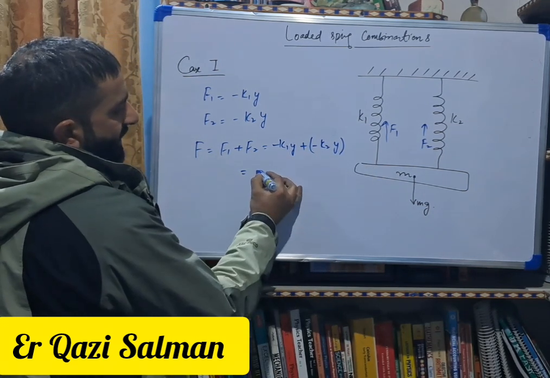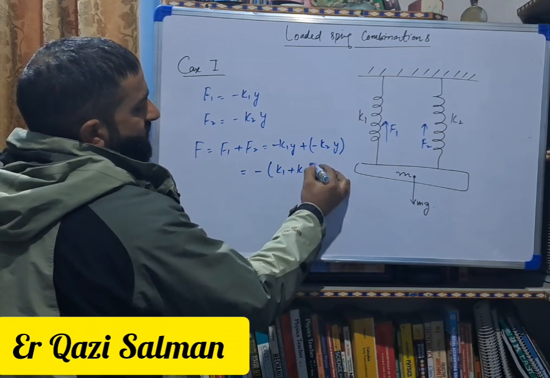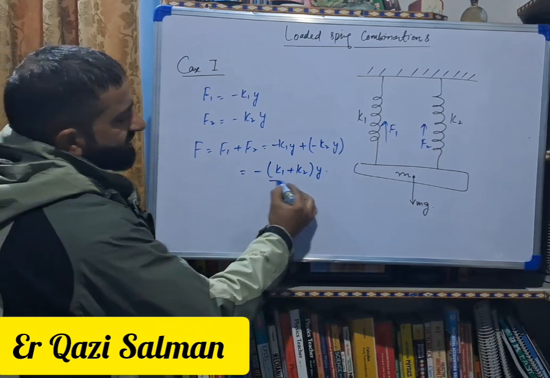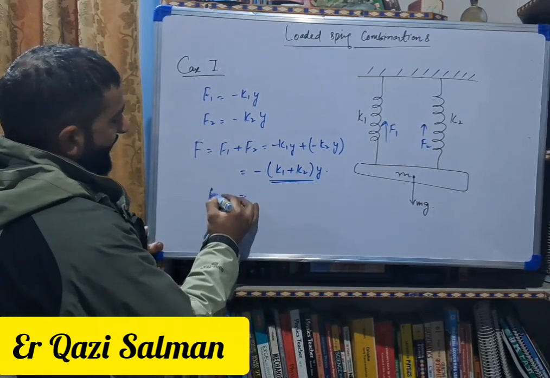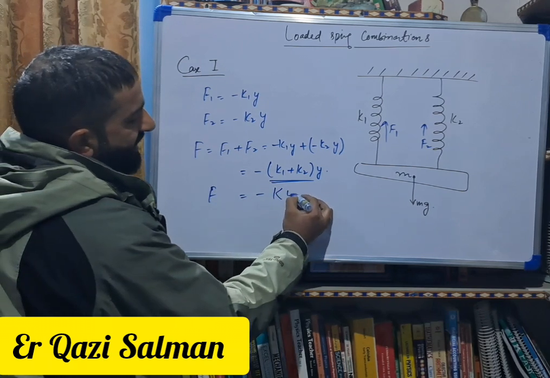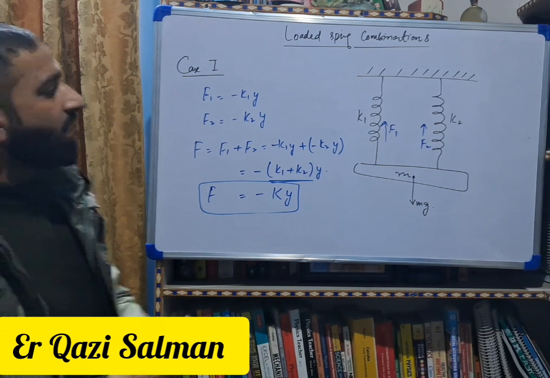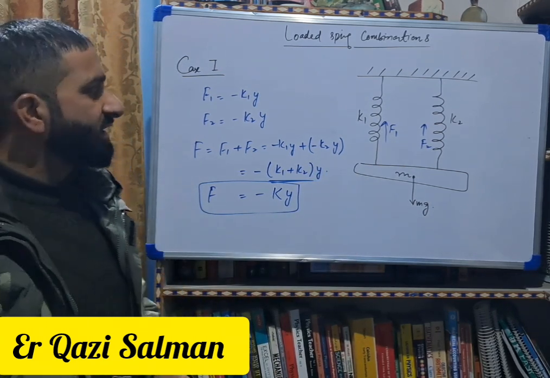Taking Y common and minus common, that is minus (K1 plus K2) into Y. That means the effective spring constant is K1 plus K2. We can show that F is equal to minus Ky, where K is the effective spring constant of this combination.